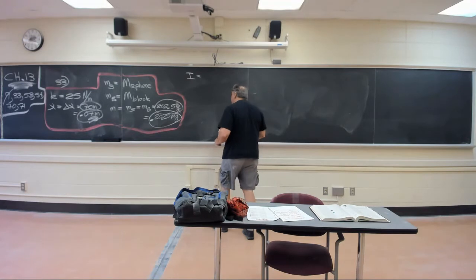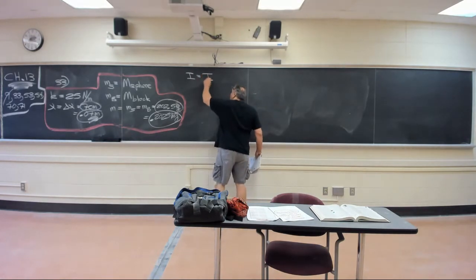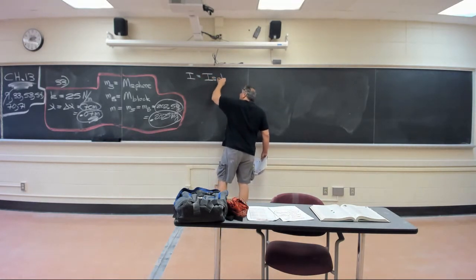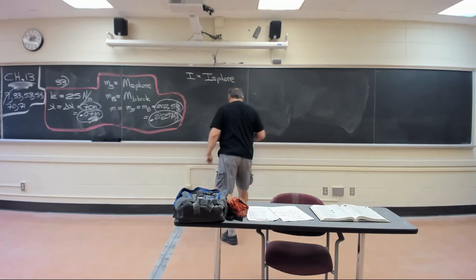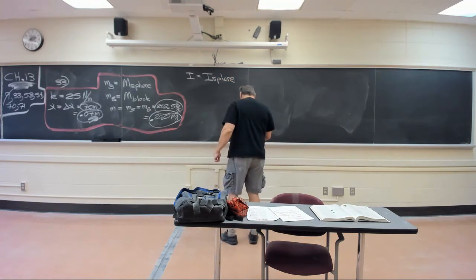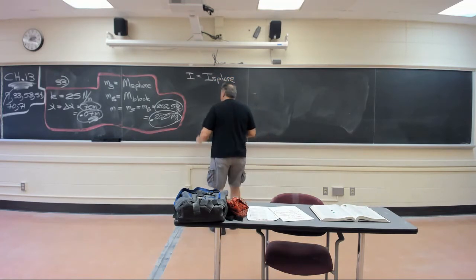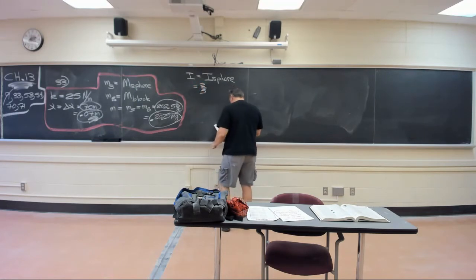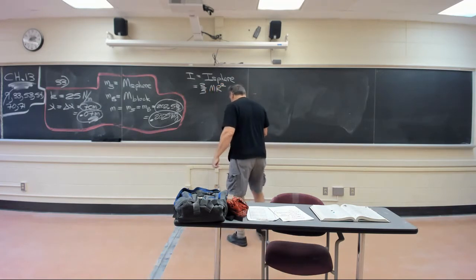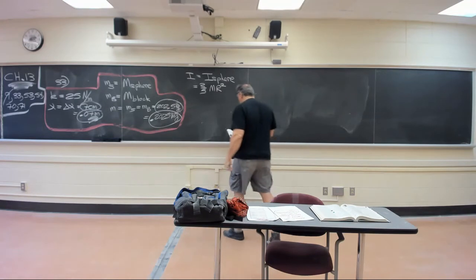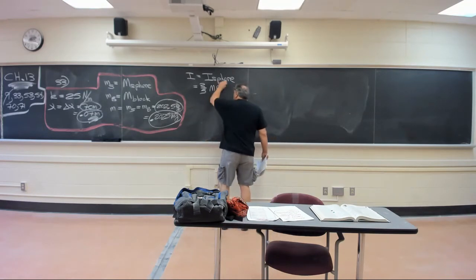So I equals I sphere equals 2/5 mr squared. We've already taught that.